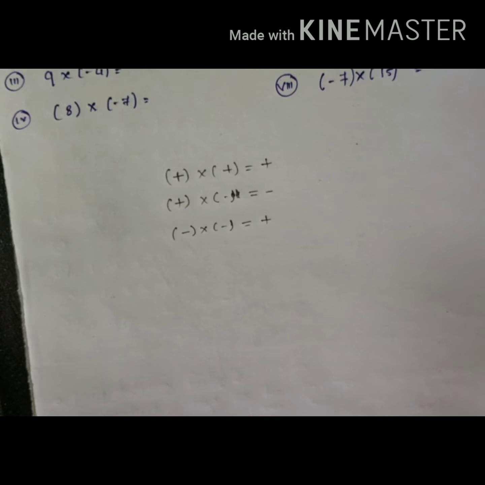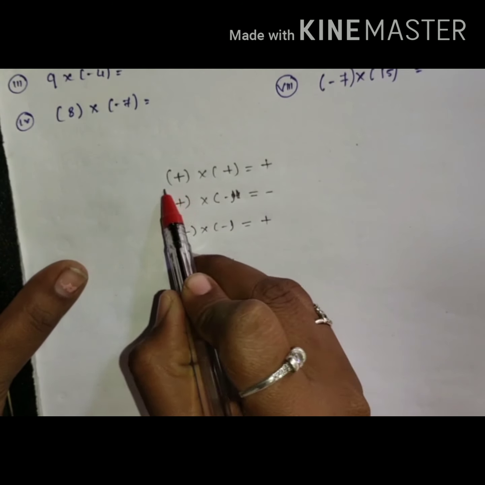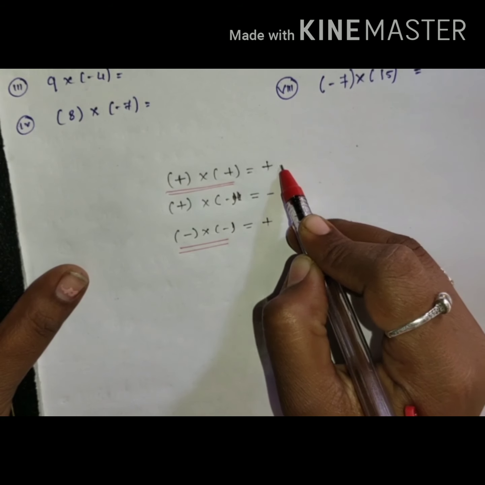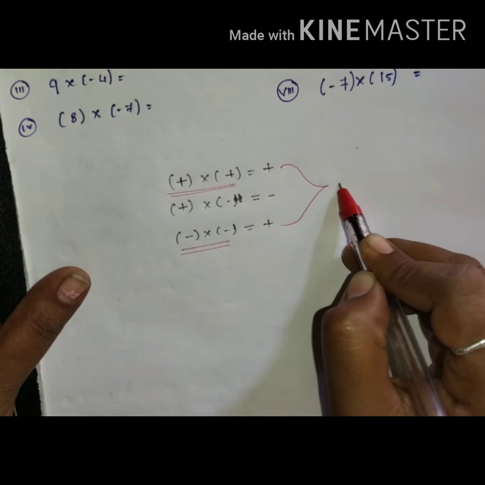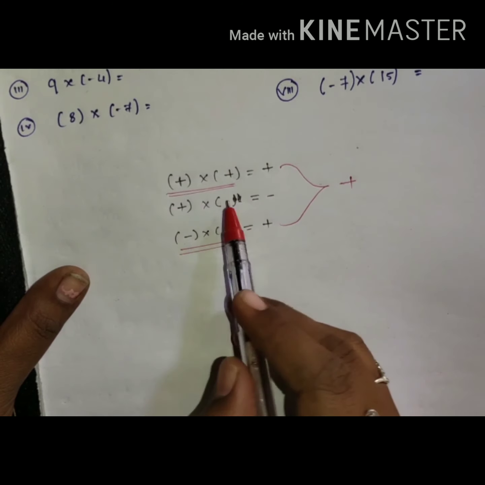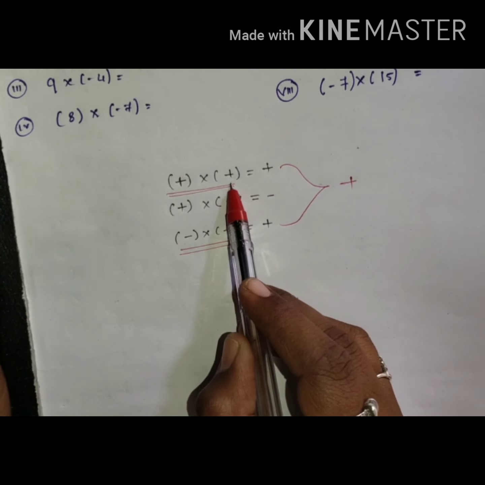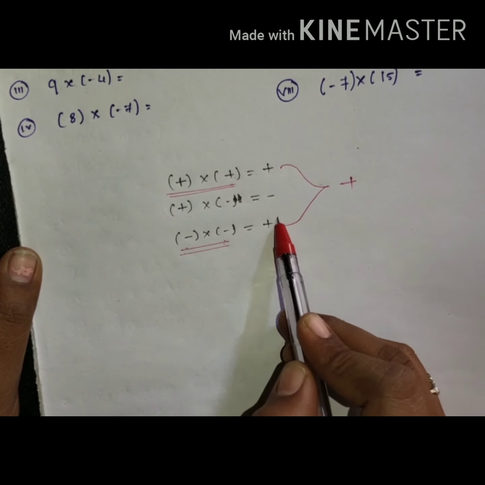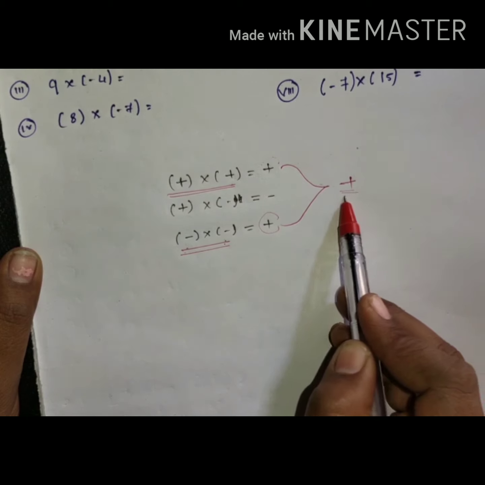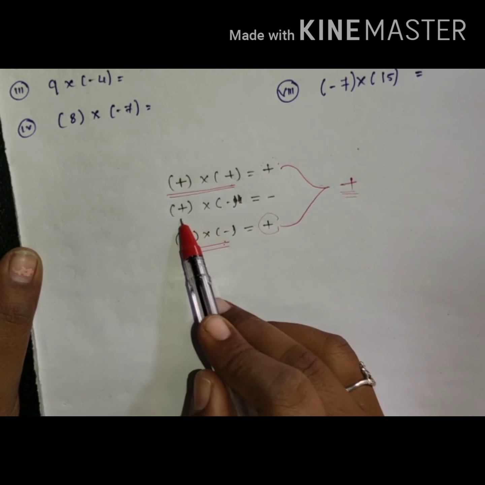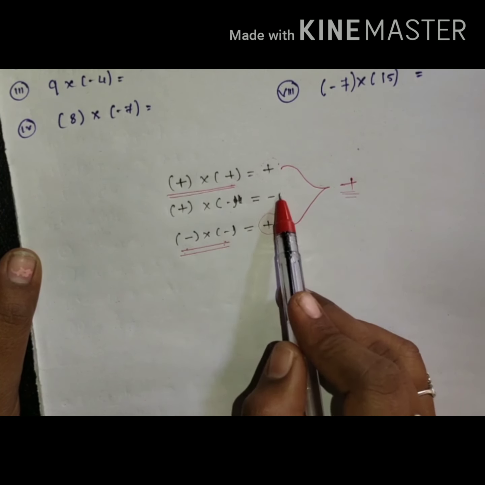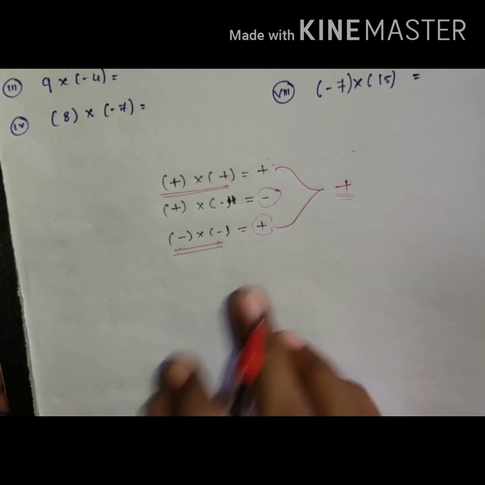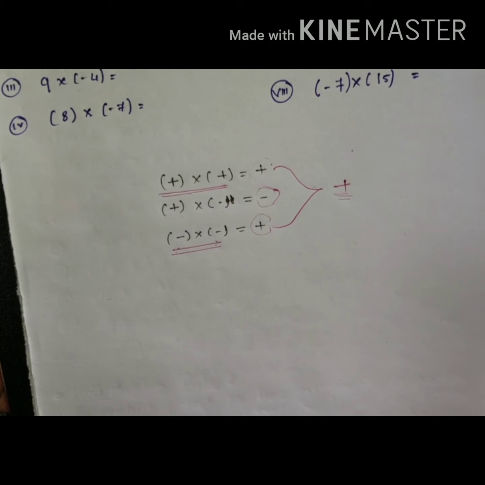That means if both the integers have the same sign, the sign of the answer is always positive. Yes or no? Yes. And if both the integers have different signs, then the answer is always negative. You can take it as a trick to multiply integers easily.